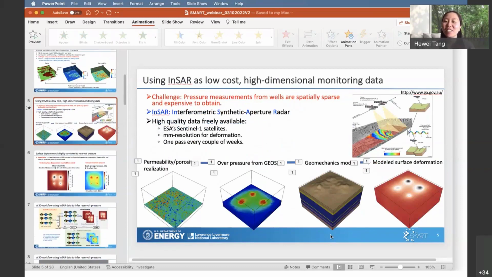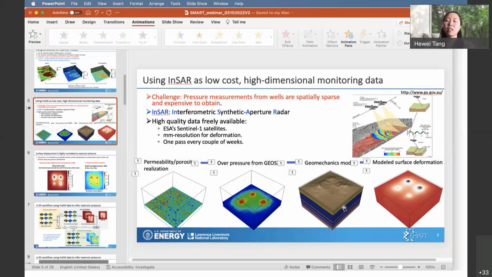And in terms of how this influences InSAR, from our simulation we find that what influences the InSAR magnitude most is the geomechanics properties, like the bulk modulus and Young's modulus of the formation layers above the reservoir.